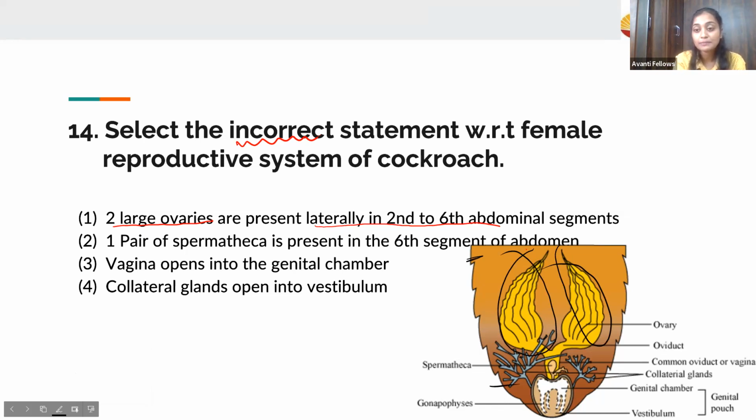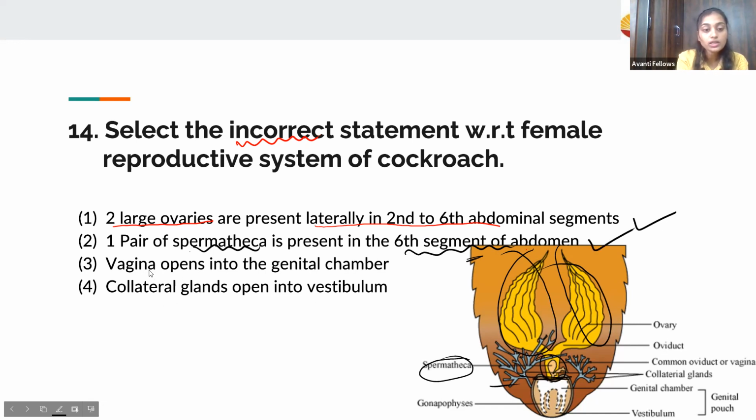So this statement is correct. The second statement says that a pair of spermathecae is present in the sixth segment of abdomen. Here you can see the spermathecae, present in the sixth segment of abdomen of a female cockroach. So this statement is also correct.